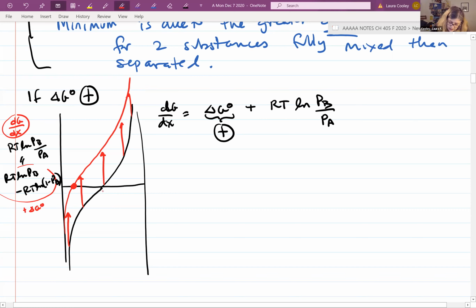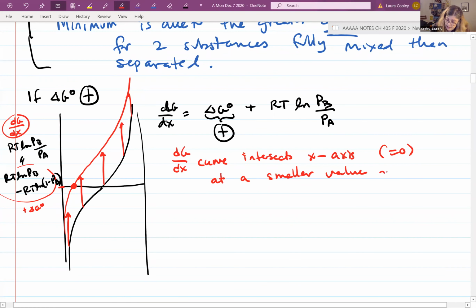Instead of this curve hitting the 0 at the midpoint, you can see that the dG/dx curve intersects the x-axis, where it equals 0, at a much smaller value of x. Okay, so what does that mean?